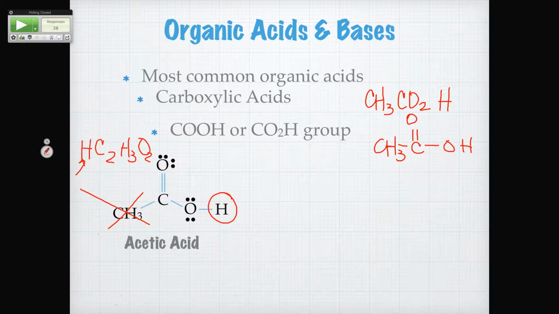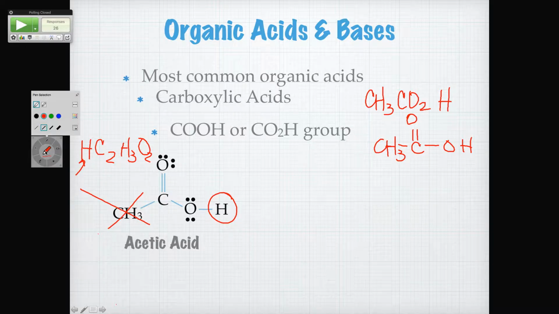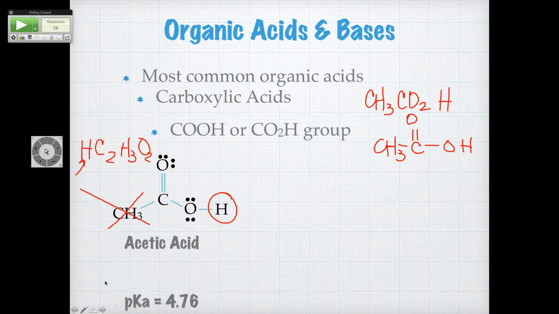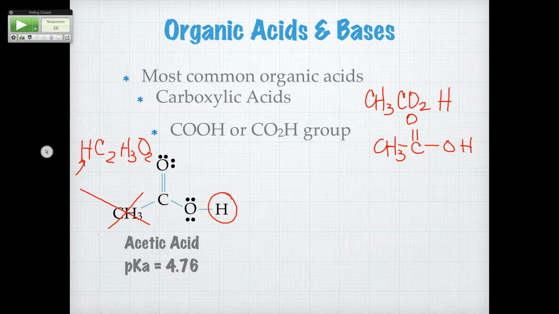Okay? So HCl, that's a nice superpolar bond. That's why it's a strong acid. Okay? All right, hang on. I think I got something else for you. The pKa is 4.76. So where does that fit in that table I gave you on the last slide? Isn't it like weak?